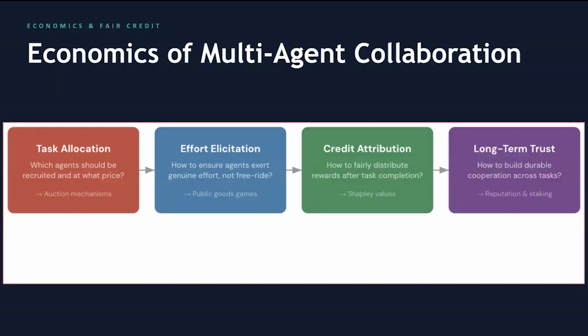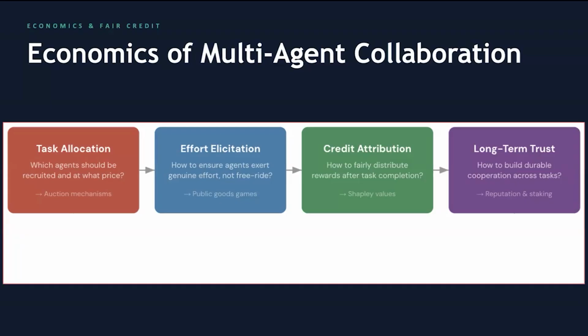And then long-term trust. So how do you build durable cooperation across tasks? We talked about reputation there, but staking is important too. In the staking environment, you have maybe a new agent that comes on board. If it wants to participate in a coalition and doesn't have a large reputation, it needs to escrow a large portion of its effort up front that it may then get back in surplus once the coalition's completed.